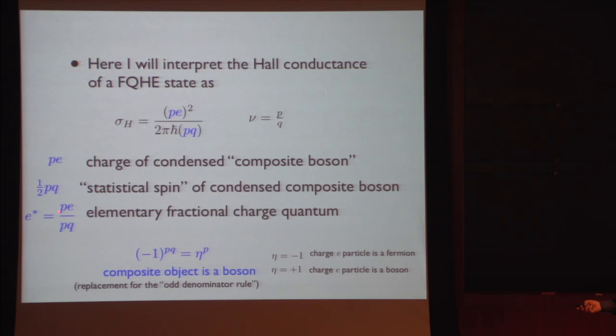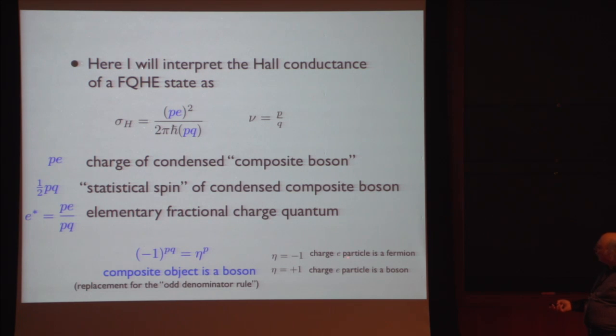So the elementary charge is just e over Q, which is really P e, the charge of the droplet, divided by the quantity which is the statistical spin of the composite boson. And the statistical spin of the composite object has to balance any kind of microscopic Pauli-type statistics of the underlying particles this is made of.